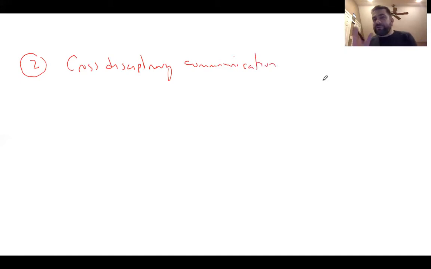And so one of the secondary goals that I really want to develop in everybody is a cross-disciplinary communication framework. We are going to discuss in this class problems from multiple different perspectives.